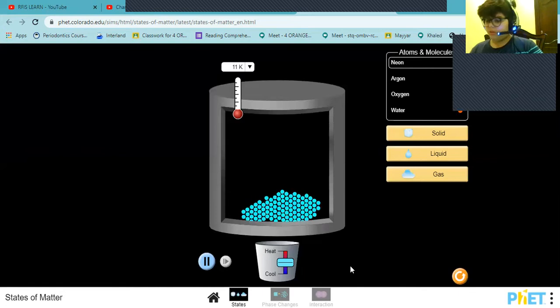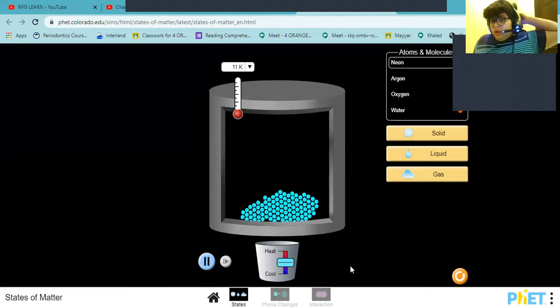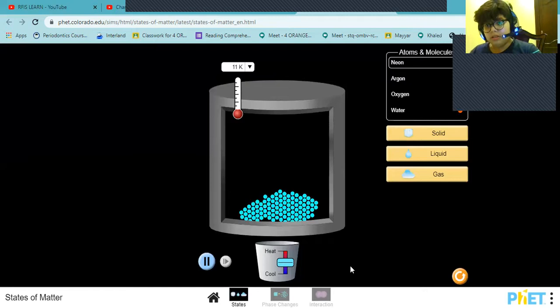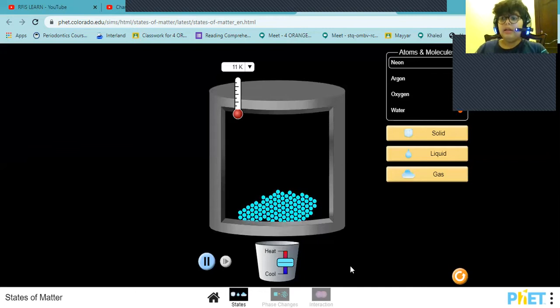But the particles on the surface don't have particles above them. So they experience a greater down pulling of the particles. That is what makes surface tension.